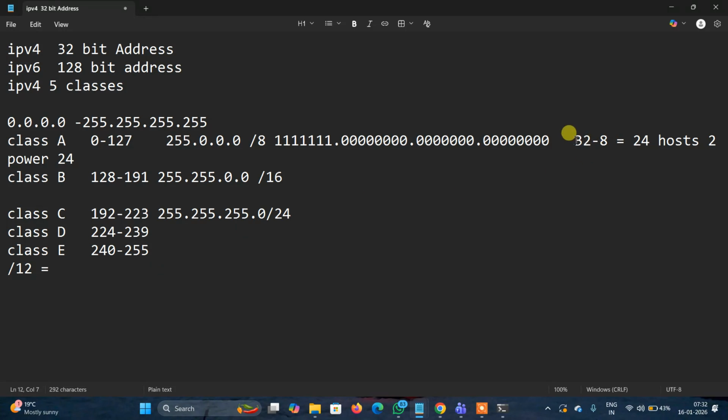How many total bits are there? Not 12, only the total number of bits. 32. Yes, 32.